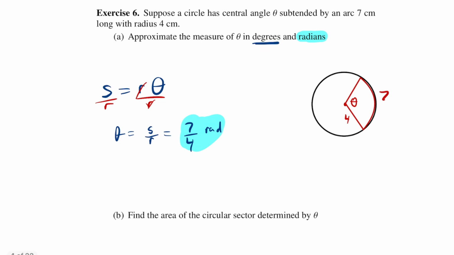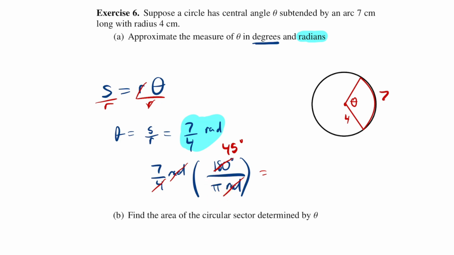So remember, the way you convert from radians to degrees is you multiply by the ratio of 180 over pi radians. You get the radians to cancel out. And so now what you would do is multiply 7 times 180, or you can see if you can cross cancel. 4 goes into 180 45 times. And then multiply 7 times 45 and divide by pi.